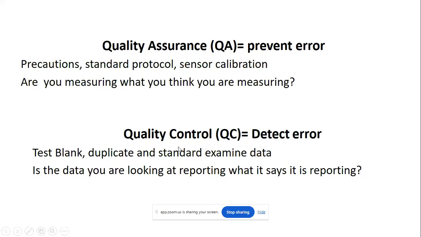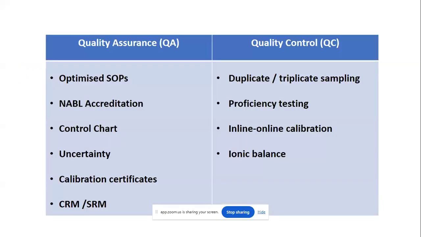And quality control is, if some mistake happens, then after that we need to detect that error, the mistake, and we need to correct it. So this is the quality control thing. Okay. So there are various tools, like uncertainty measurement, calibration certificate, CRM, control charts, laboratory accreditation, and all these things.